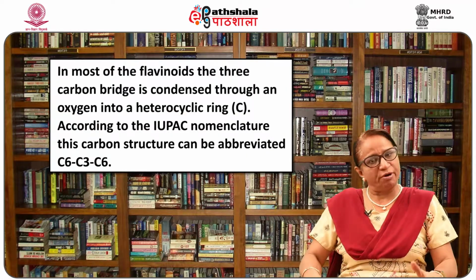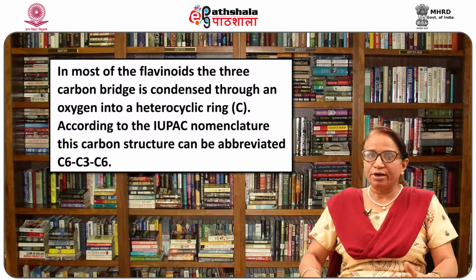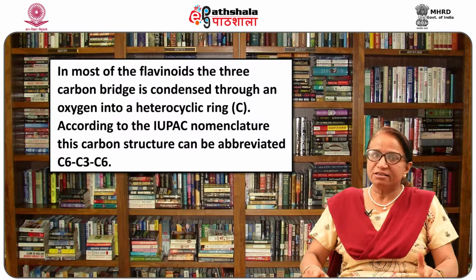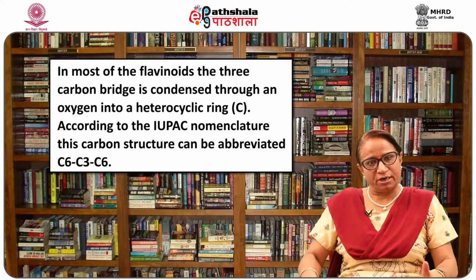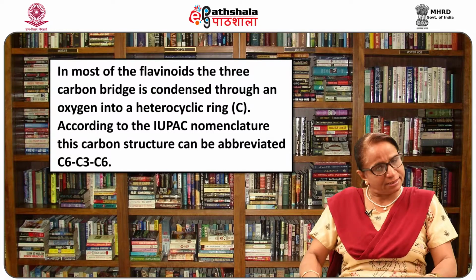In most of the flavonoids, the 3 carbon bridge is condensed through an oxygen into a heterocyclic ring termed as ring C. According to the IUPAC nomenclature, this carbon structure can be abbreviated C6-C3-C6. Let us be acquainted with their classes.